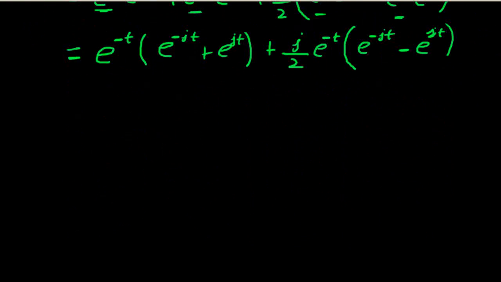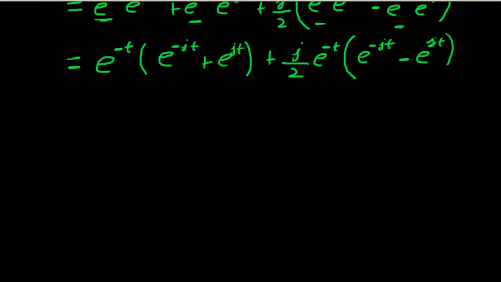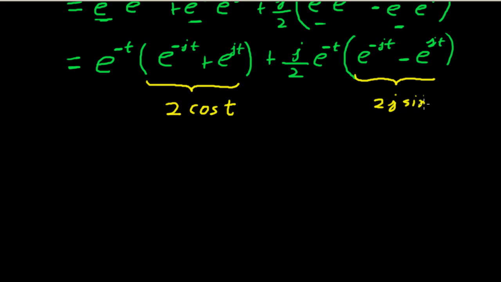Okay, now remember the Euler formula. The Euler formula tells us that this is 2 cos(t), and it also tells us that this is -2j sin(t).